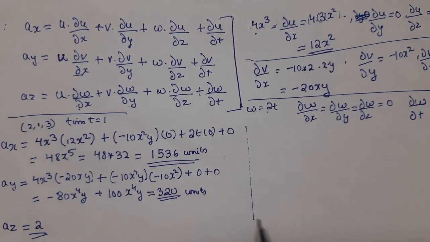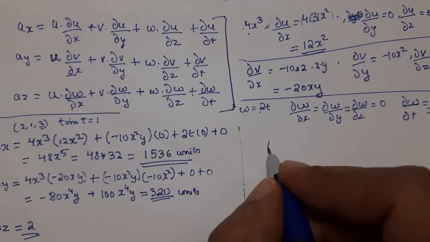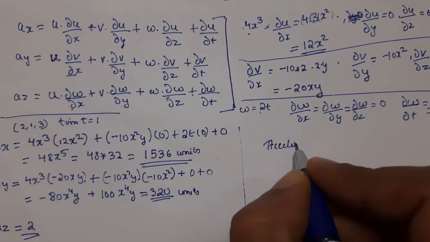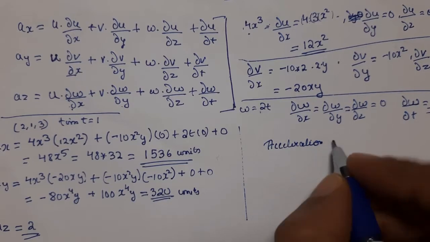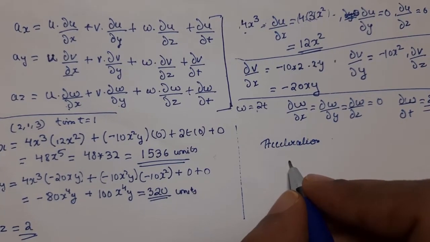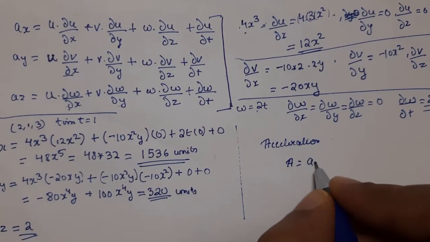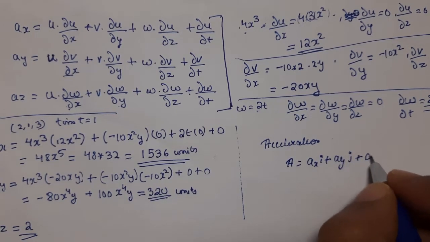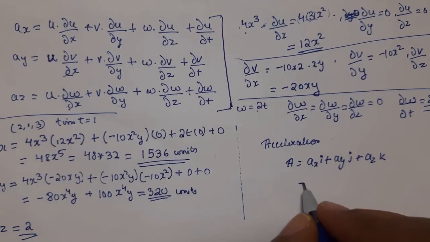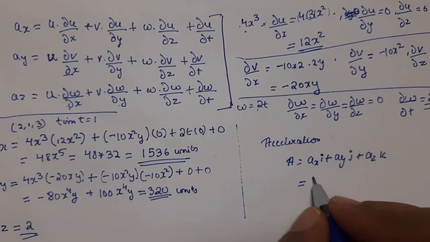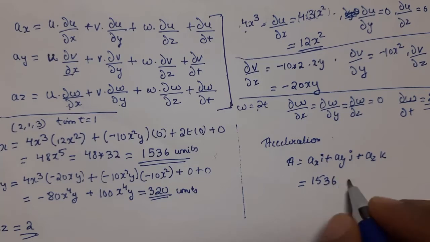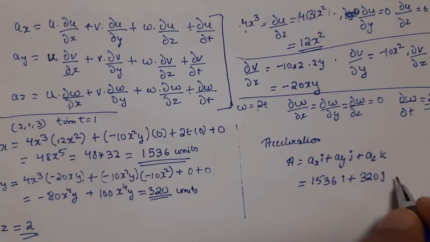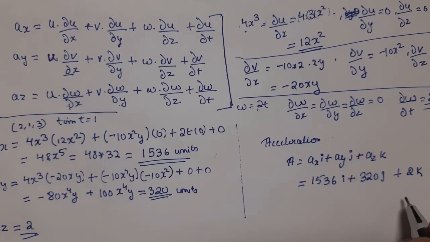Now to find out the acceleration, that is A is equal to AX i plus AY j plus AZ k. So we can write this as 1536 i plus 320 j plus 2 k.